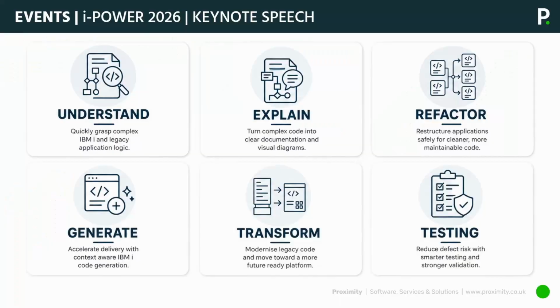In practical terms, that means helping new team members understand complex applications more quickly, generating documentation and diagrams, standardizing code, accelerating new feature delivery, supporting modernization from older RPG to more modern approaches, and reducing defect risk through generated tests.